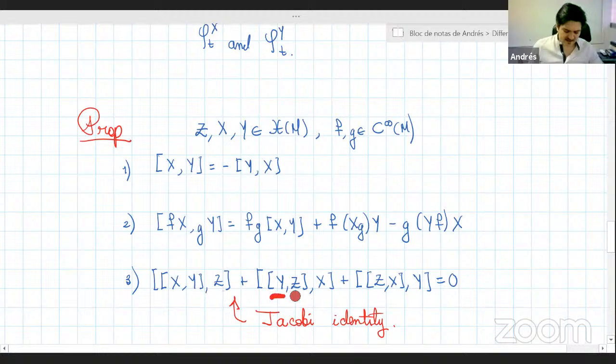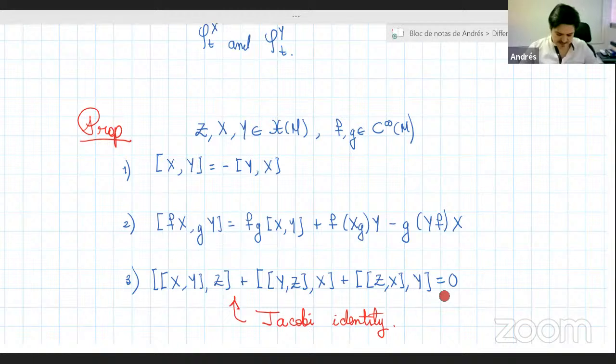So now y, x, and z, and then z, x, and y. So you do a cyclic permutation of the three vector fields, and what you get is 0. So this relation is called the Jacobi identity.